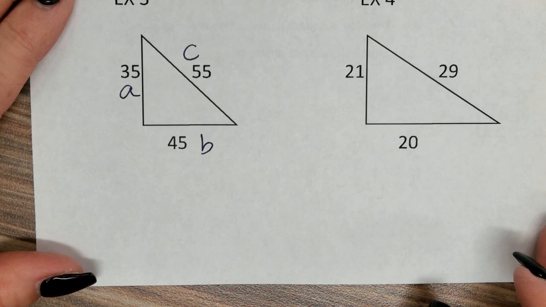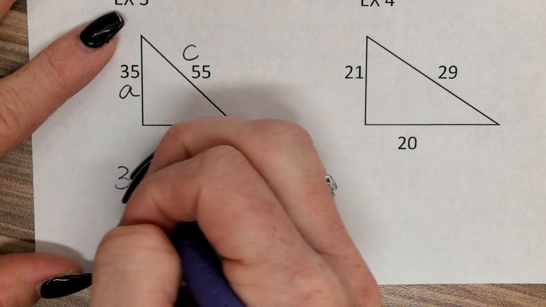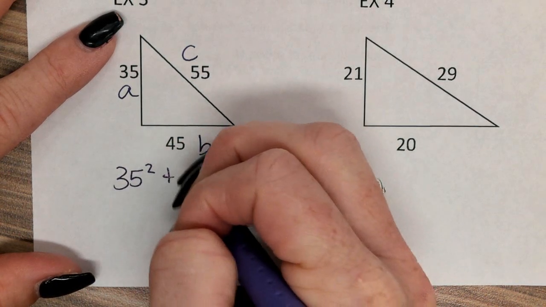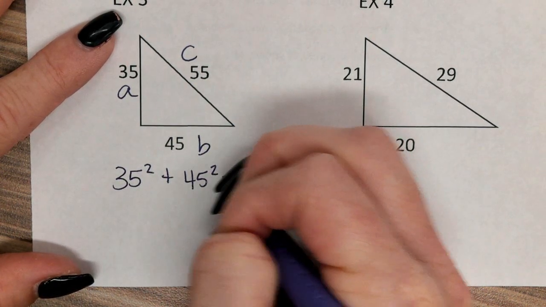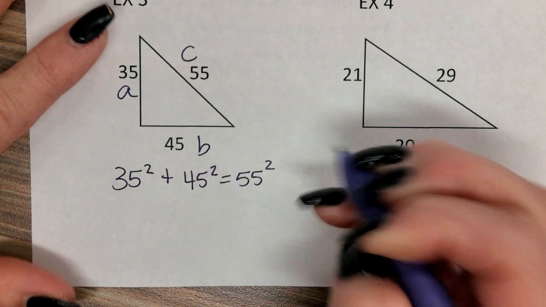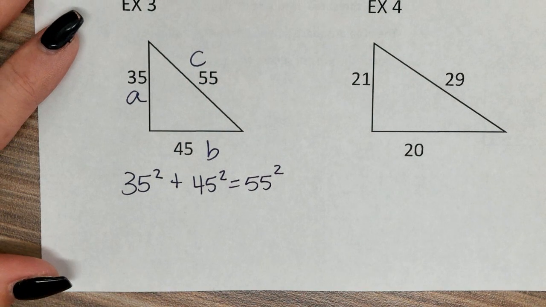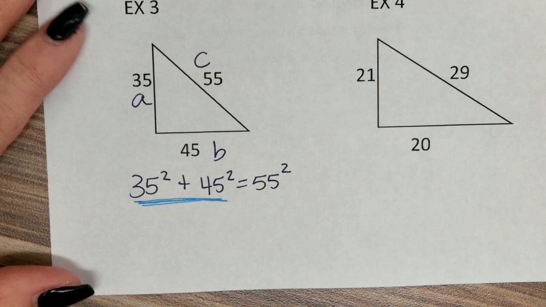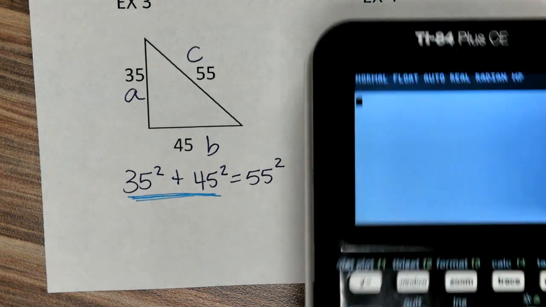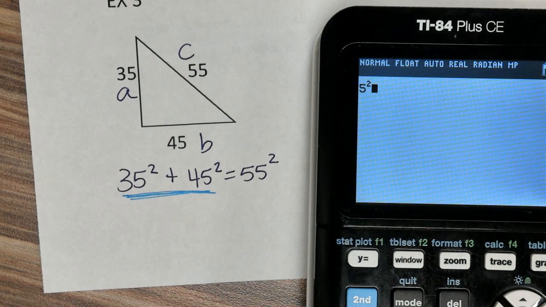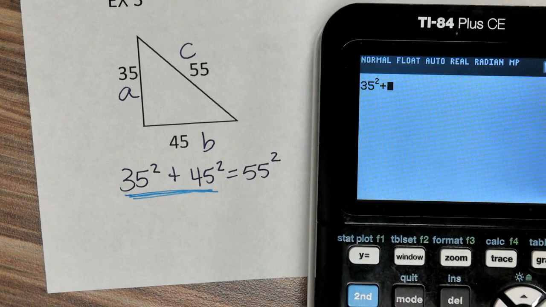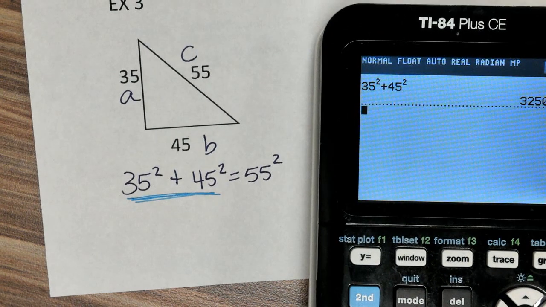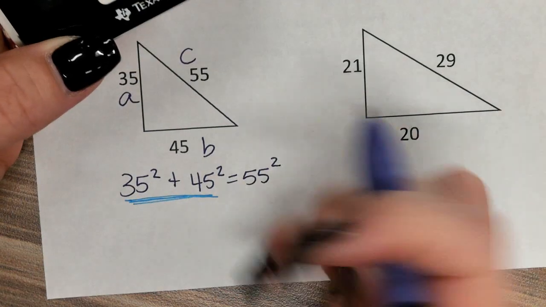So I would say, is 35 squared plus 45 squared equal to 55 squared? And I would simply type this in my calculator. So is 35 squared plus 45 squared, that's 3,250.